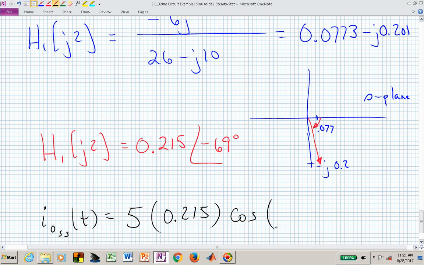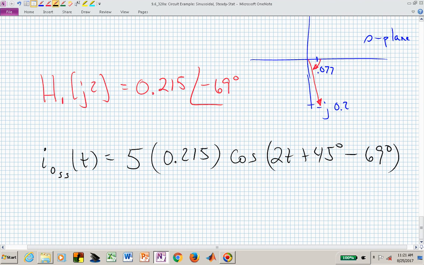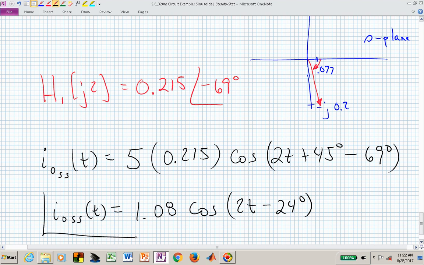We aren't changing the cosine, and it was at 2t plus 45 degrees minus 69 degrees. Combining the amplitude, 5 times 0.215, we're at 1.08 cosine of 2t, and combining 45 and minus 69, minus 24 degrees. And that now is the answer.